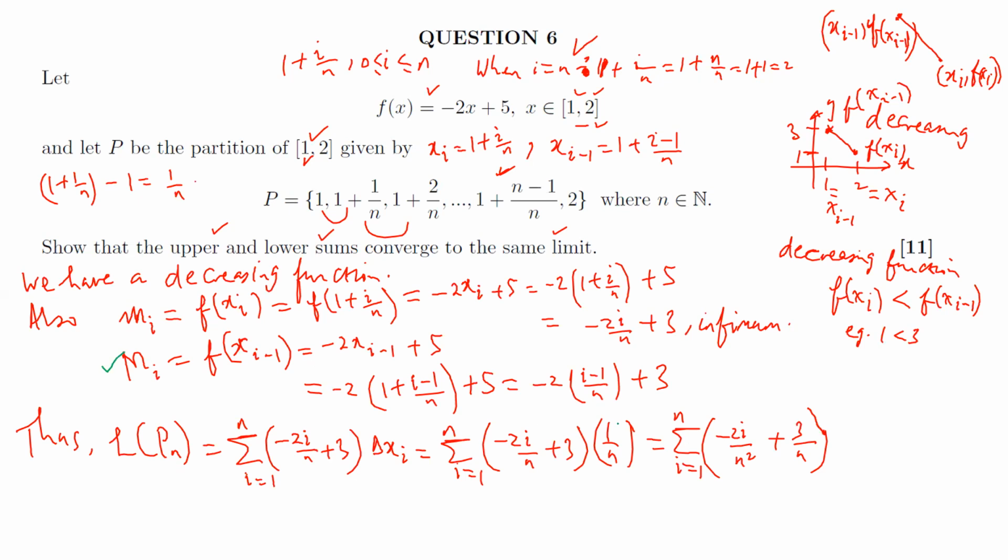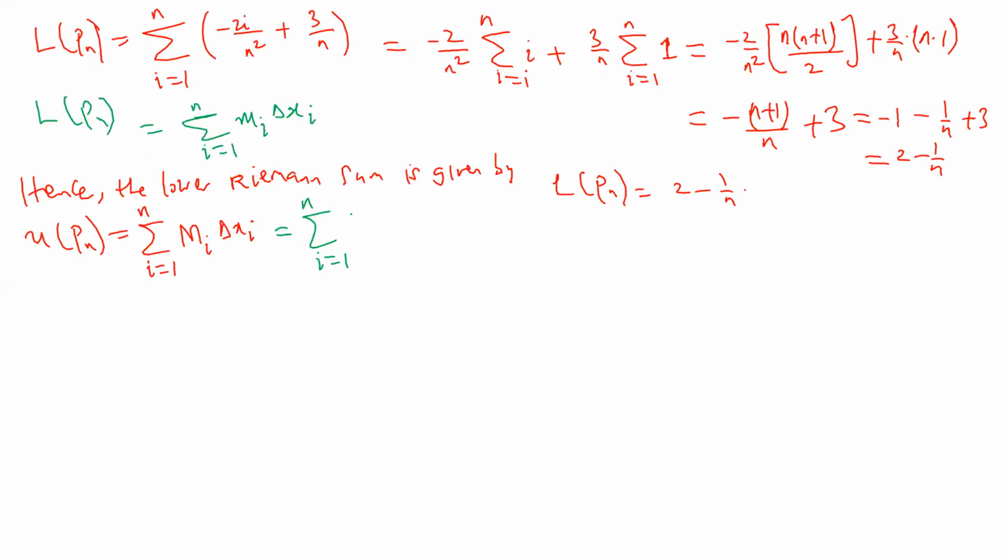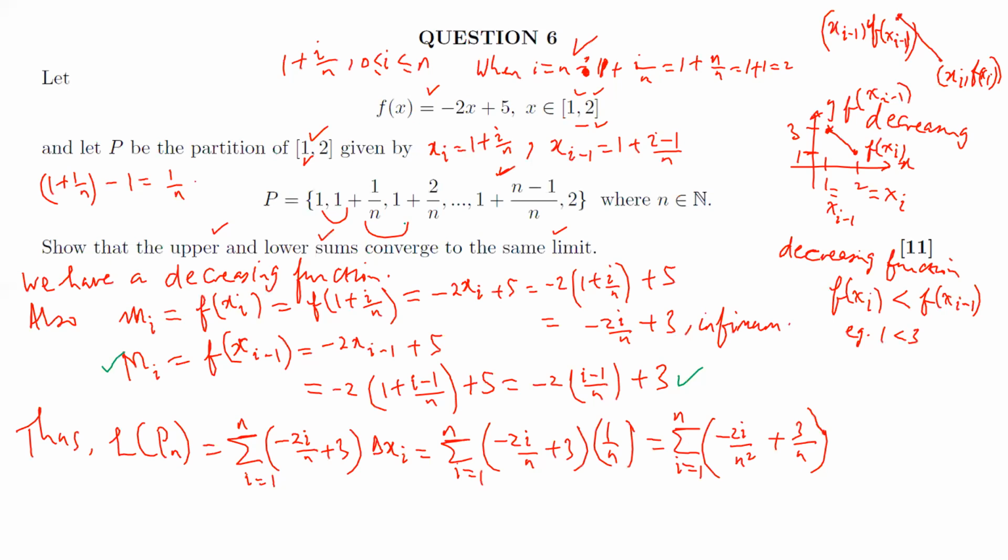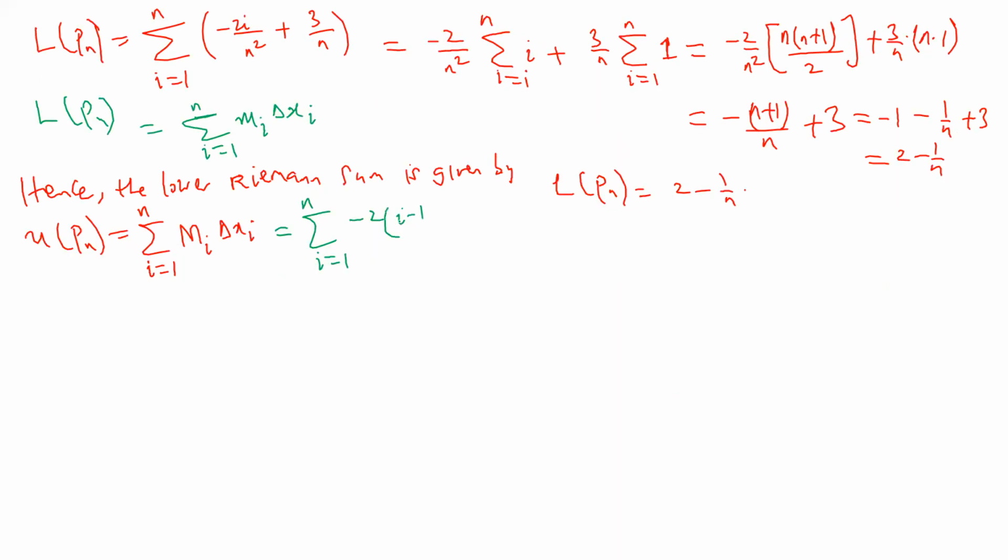is found to be this. Minus 2 into (i minus 1) over n. So this one is minus 2 into (i minus 1) over n plus 3. Okay, over n plus 3. And then you close the bracket, finding the sum.